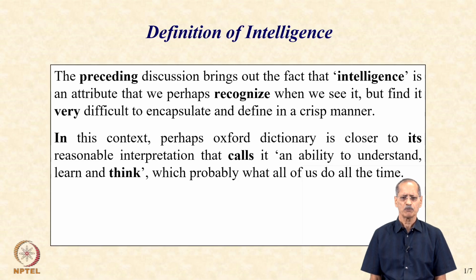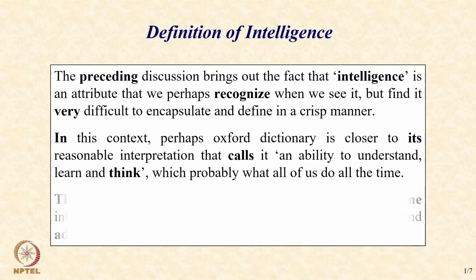And this is probably what all of us are doing all the time. For example, if we are talking to somebody and somebody is saying something, our immediate response is, yeah, I understand now. So, it is already there at the back of our mind, and learning and thinking is always there. You can say, yeah, I am thinking about doing something. So, you already have these keywords as part of your basic mental makeup, and probably this definition is what comes closest to the reasonable interpretation of intelligence.